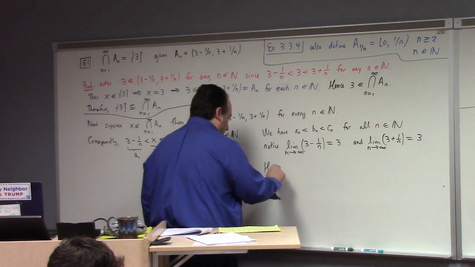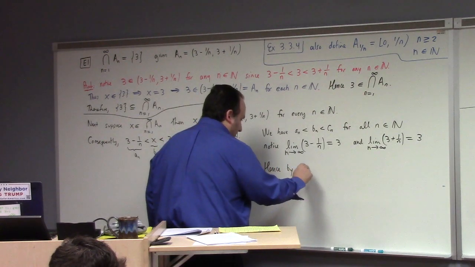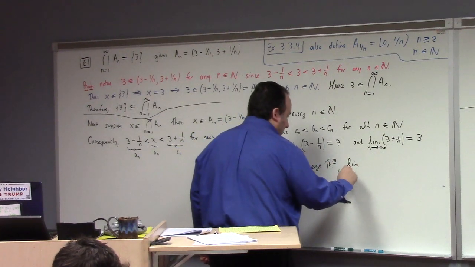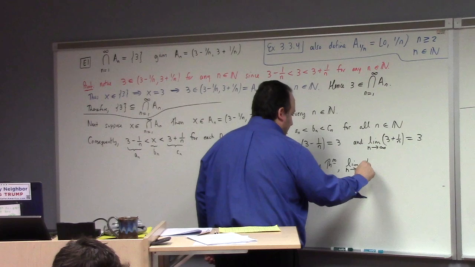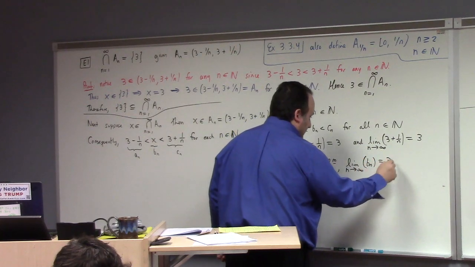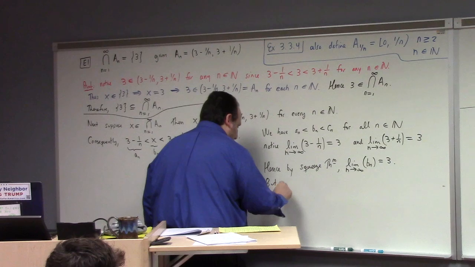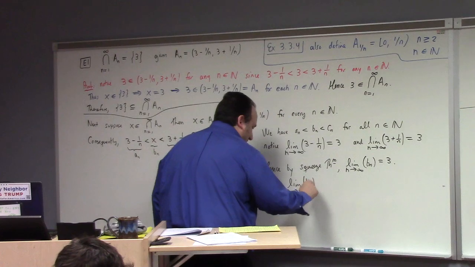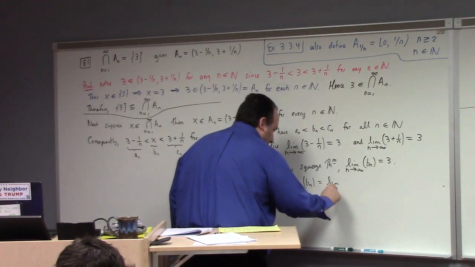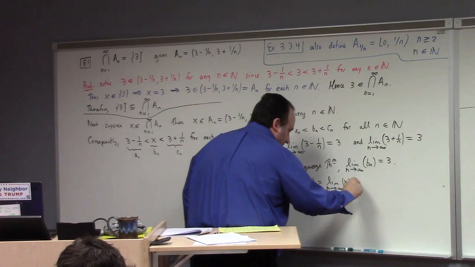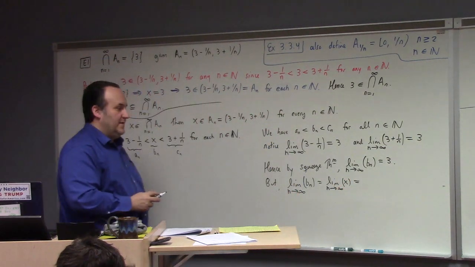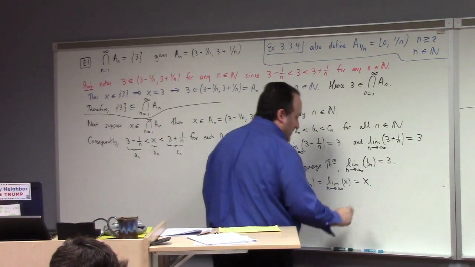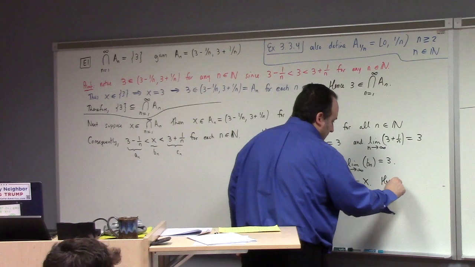Hence, by squeeze theorem, the limit as n goes to infinity of b sub n is equal to 3. But the limit as n goes to infinity of b sub n is just equal to what also? It's just x, since the limit of a constant sequence is just the constant x. So, hence, x is equal to 3.